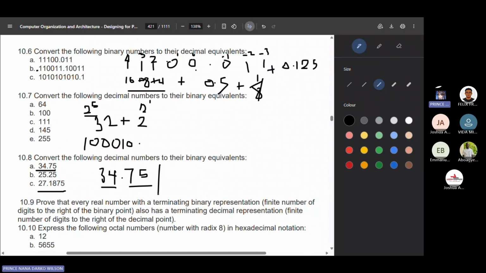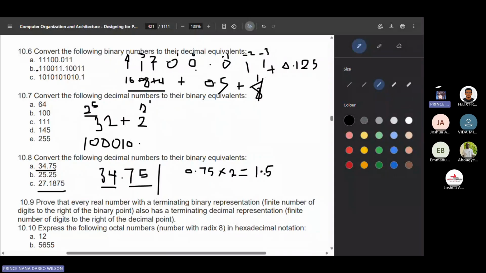I take my 0.75, and since we are doing it into binary, I'm going to keep multiplying it by 2. Please, with your calculators, work this for me. Times 2 gives us 1.50, right?